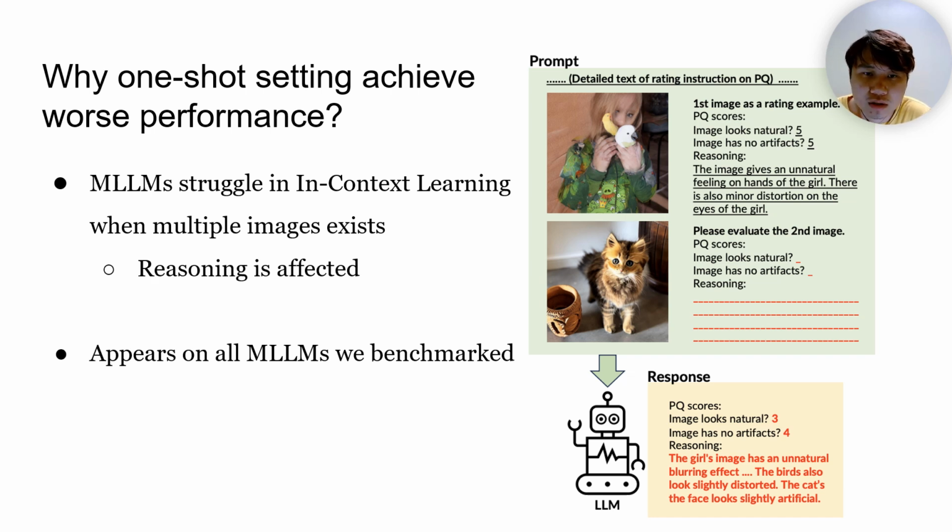For example, a girl image is fed as an example to teach the model how to evaluate a cat image. Then, the model started rating based on the girl image and also the cat image. This is not what we wanted. This is likely caused by the poor ability of the MLLMs to understand multiple images.